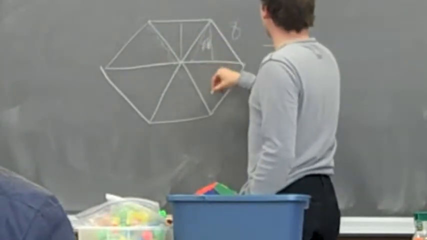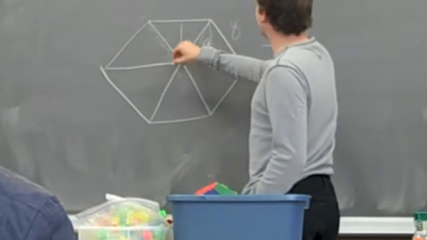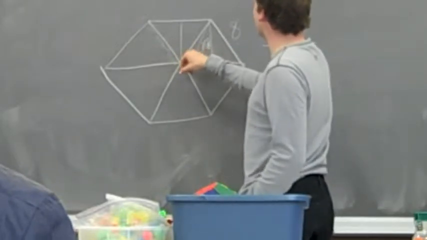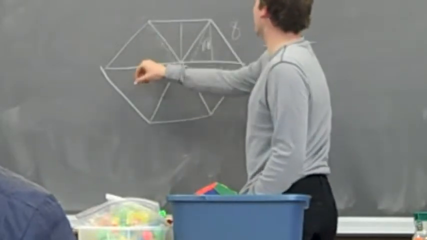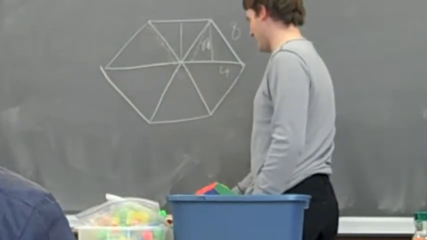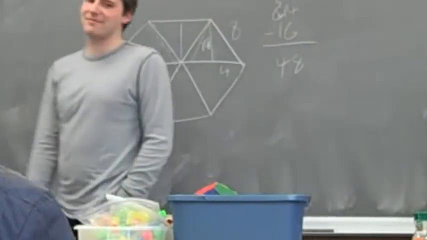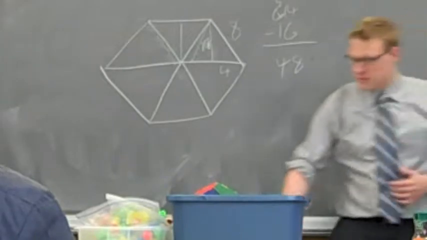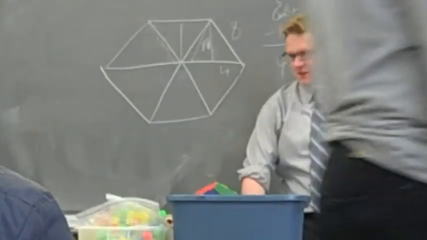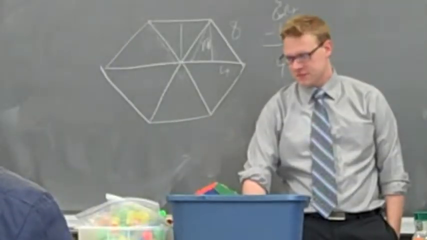So this times that would give you that as a rectangle, and if you multiply that 6 times, because you've got the 1, 2, 3, 4, 5, and 6. Does that make sense? Sort of, kind of, maybe. Does everyone understand that?